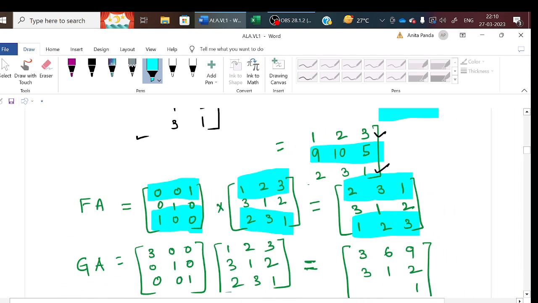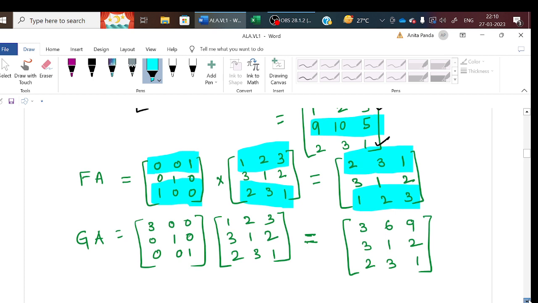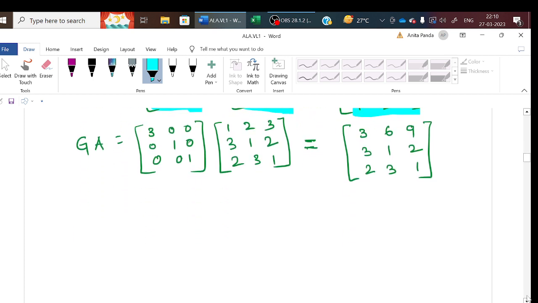Similarly, how do we get the third type of elementary matrix? Here, observe among the diagonal elements, one diagonal element 1 is replaced by 3. Here the first row is multiplied by 3.